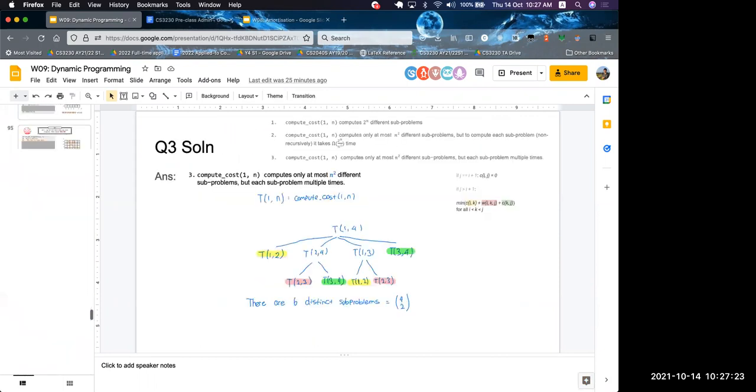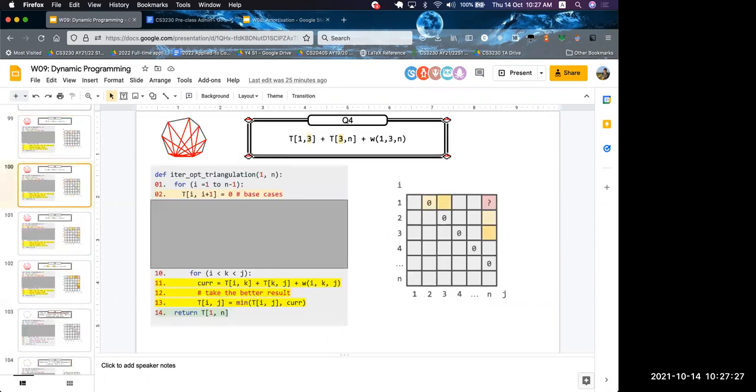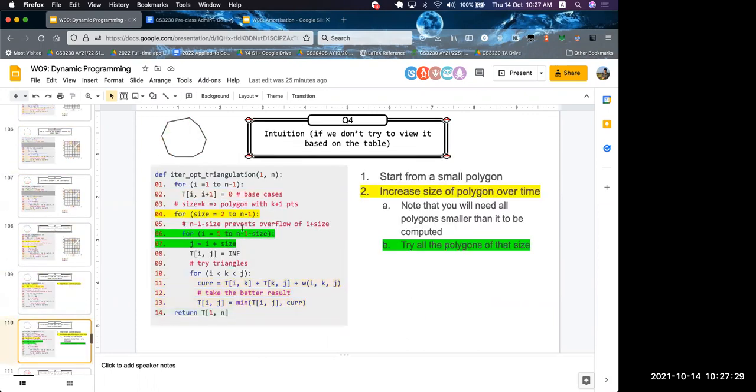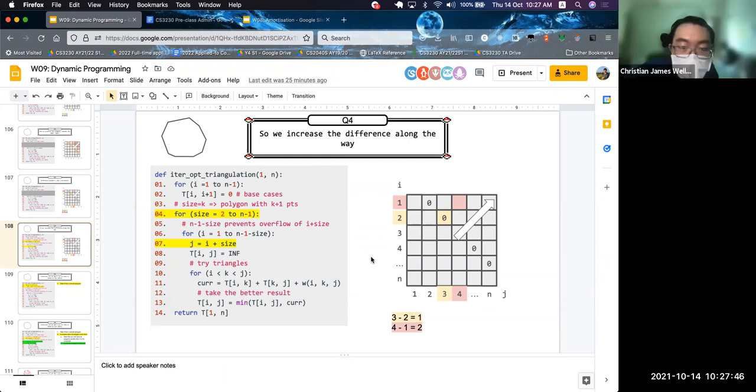If you do n minus 1 minus size, for the first diagonal you compute, it's going to stop at 3, n minus 1. It's never going to compute 4, n. So yeah, I think you might be right.